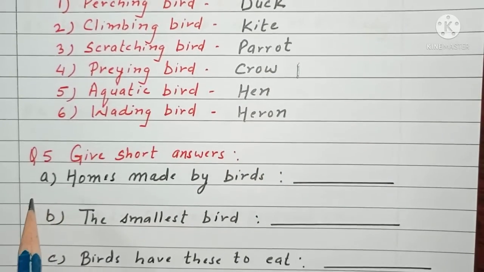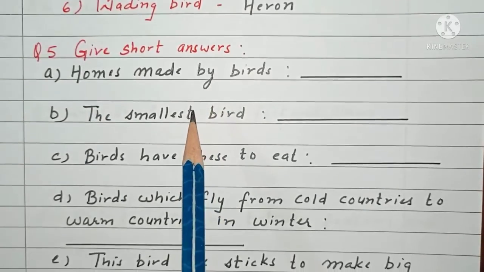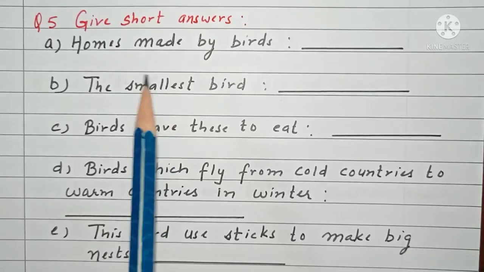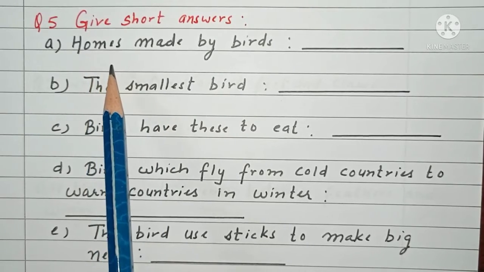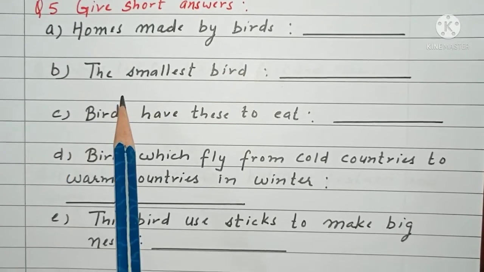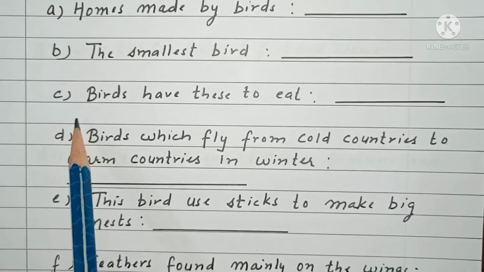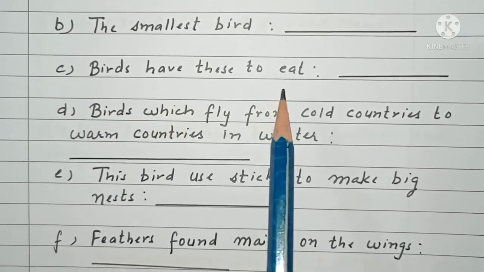And then question number 5, which is give short answers. You have to write the suitable answers for these statements, like the name given to the homes made by the birds. B part, name the smallest bird. In C part, birds have these to eat.